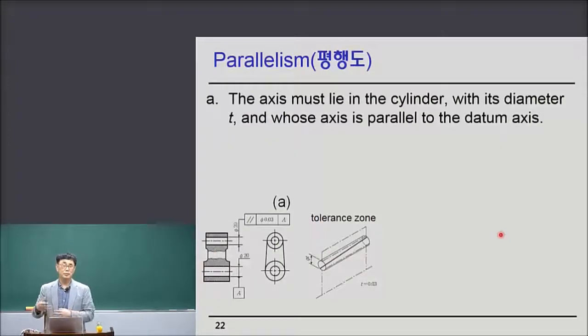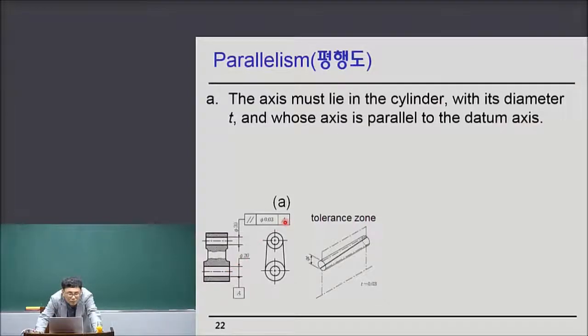Parallelism is also analogous to perpendicularity. We say A is now the axis of the pi 20 cylinder.